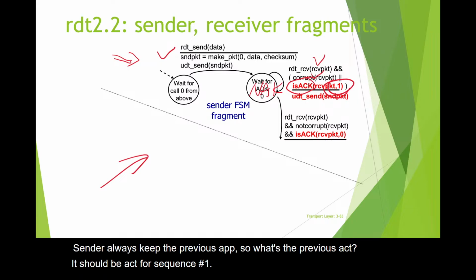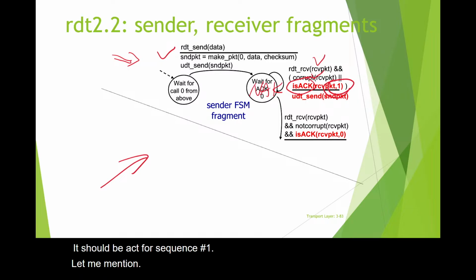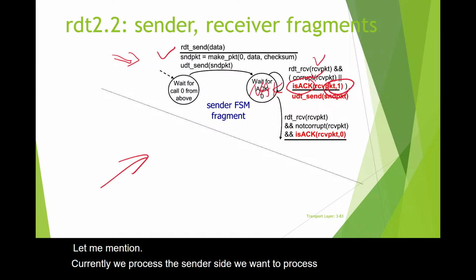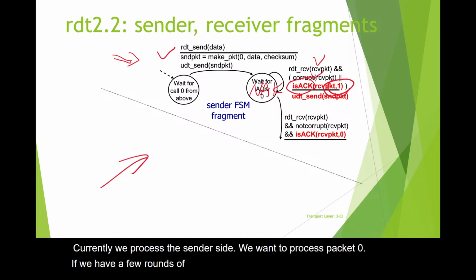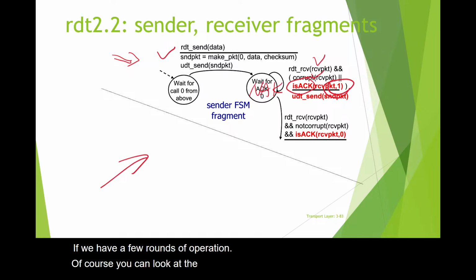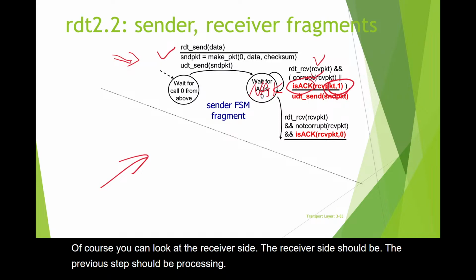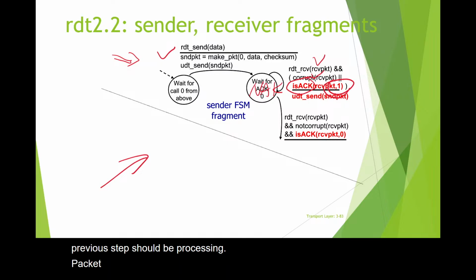Let me mention, currently the sender side wants to process packet 0. If we have a few rounds of operation, of course you can look at the receiver side. The receiver side, the previous step should be processing packet 1 with the ACK 1.